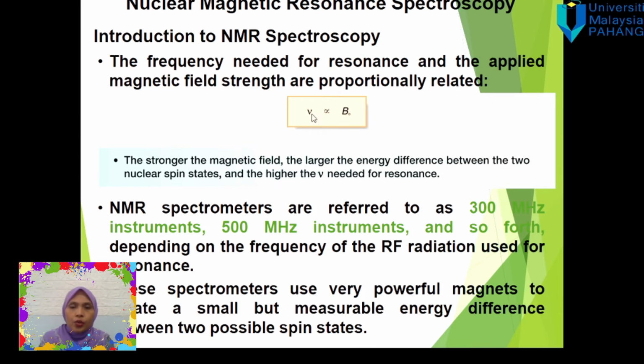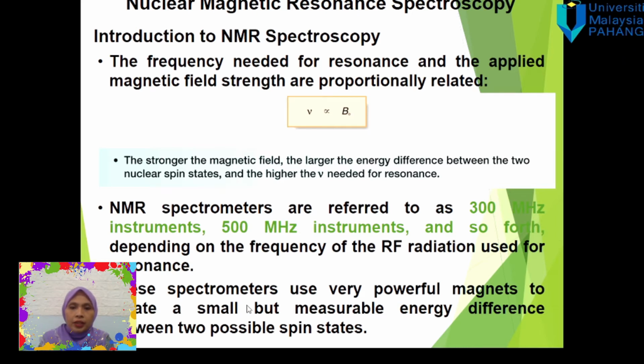So these are the two main components in NMR, and they are directly proportional. We can keep the B node constant and change the frequency, or keep the frequency constant and change the B node. NMR spectrometers are referred to as 300 megahertz instruments, 500 megahertz instruments, depending on the radio frequency used for resonance.